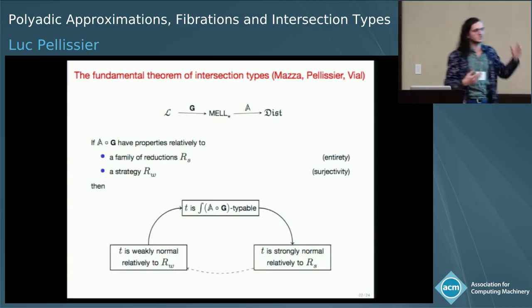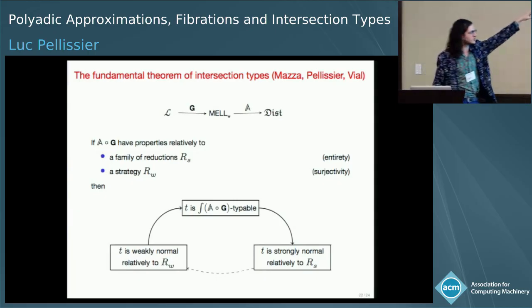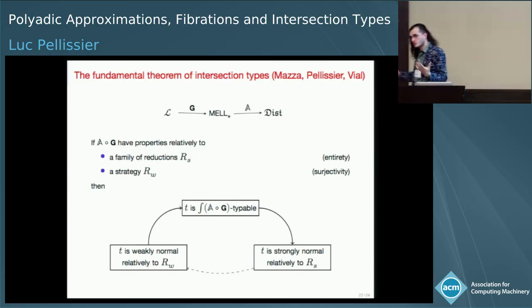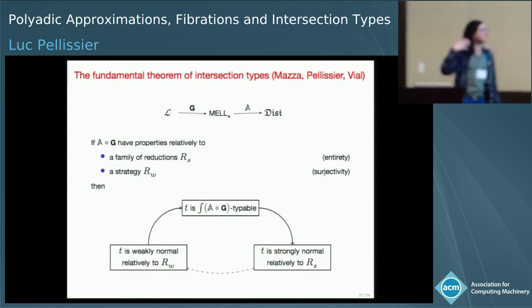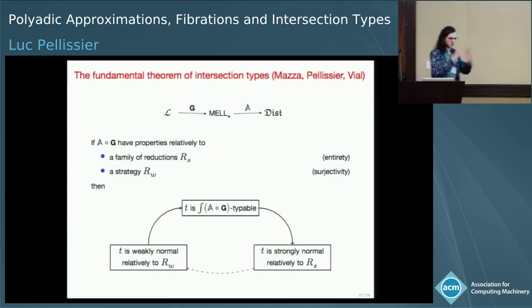And so our language is approximated by the approximation presheaf, which is this composite functor. And if this presheaf has certain properties of entirety relative to a family of reductions and of surjectivity relative to a strategy, which are some parametric things that we can choose to include or not, then we have the chain of implications.